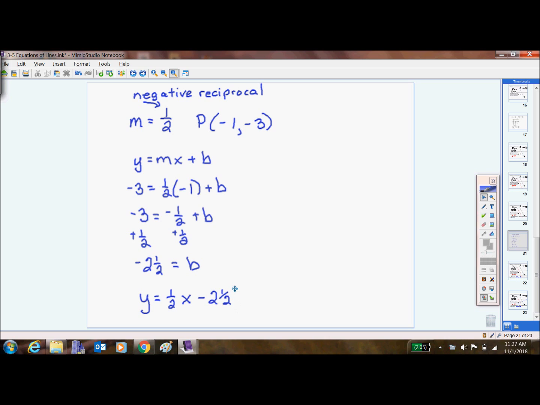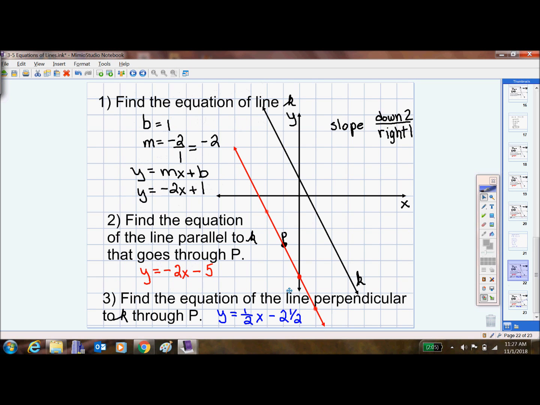It's just when you think graphing, it's a little bit harder to think where 5/2 belongs on the number line. So we plug in, we work carefully, we get our answer. If you want to graph it, we'd start at -2.5, which would be here.